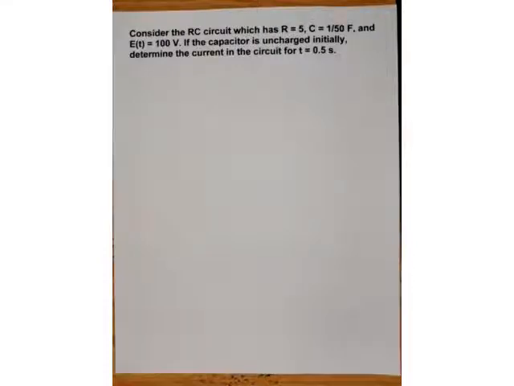Consider the RC circuit which has 5 ohms resistor, 1 over 50 farad capacitor. Farad is the unit of the capacitance, and a voltage of 100 volts. If the capacitor is uncharged initially, determine the current in the circuit for 0.5 seconds.